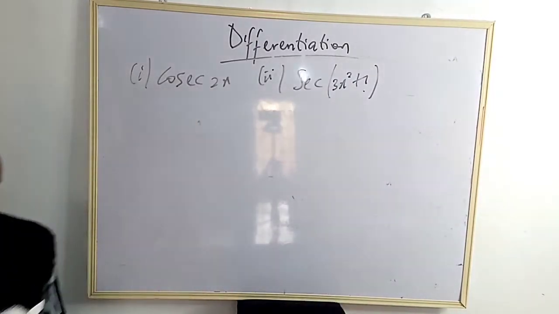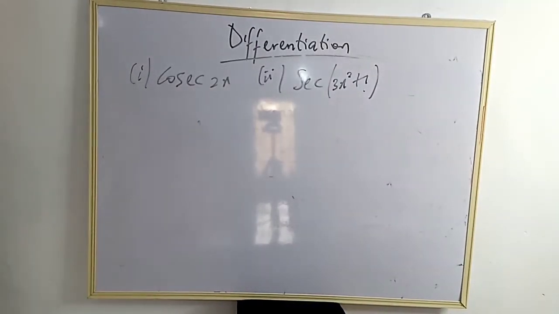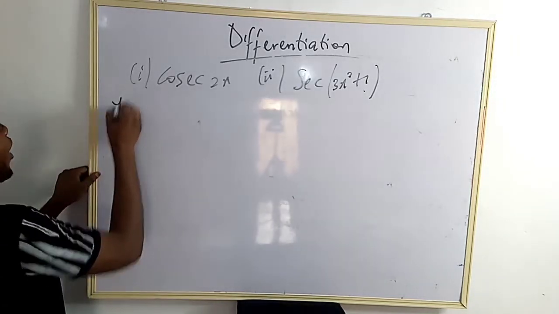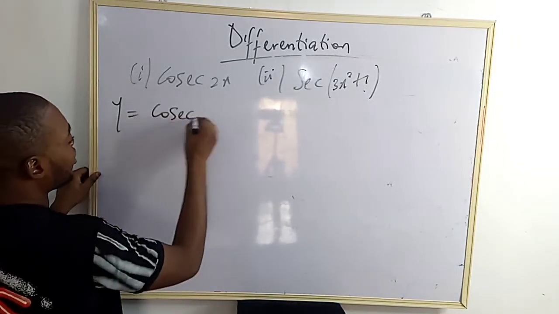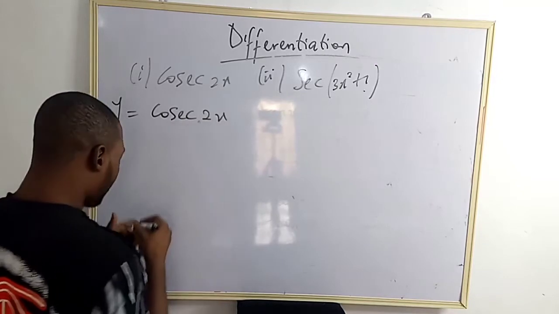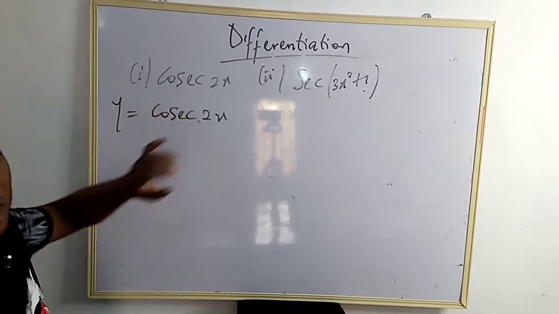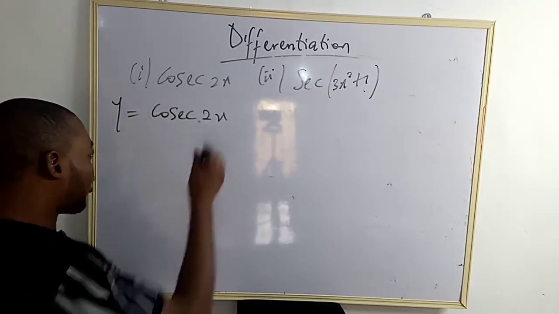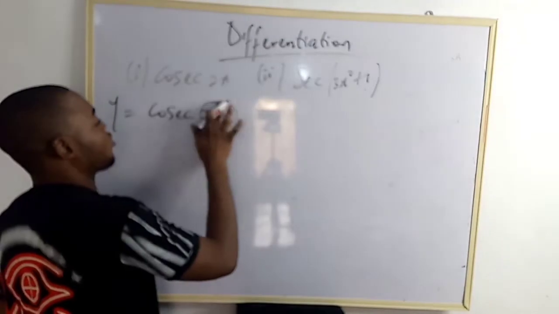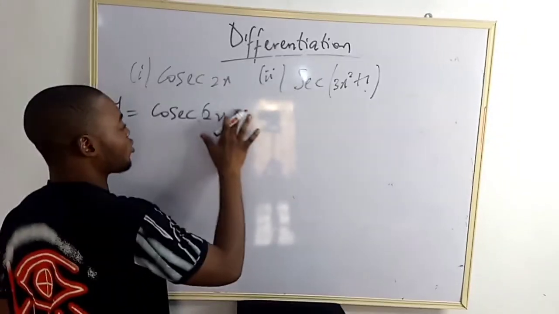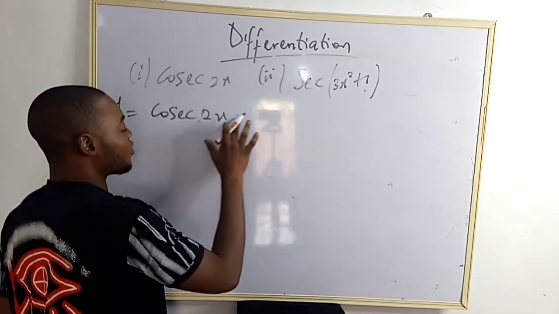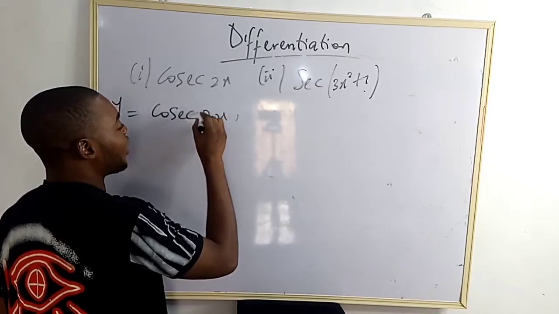So from what we have here now, this is a function of another function. We have cosec, which is a function, and we have 2x, which is the angle of that ratio. So if you want to differentiate this, you need to apply the chain rule.